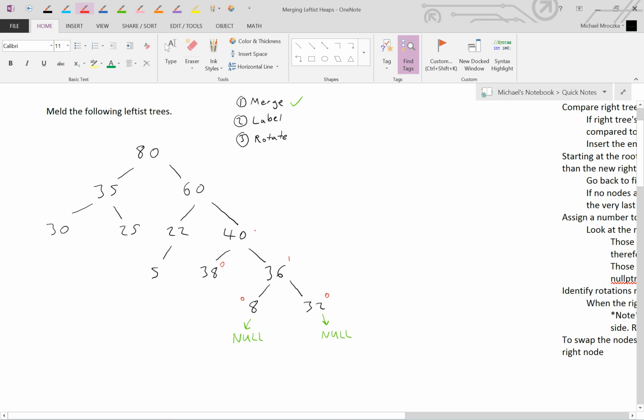Now we could take this way and go to 36, which would make it 1, and then 32, which would make it 2, and then it'd be at null. And that'd be a 2. However, we're looking for the fastest way, which means we could take the left-hand side and go just 1, and then we'd hit null. So we're going to go that way, and that means that's a 1.